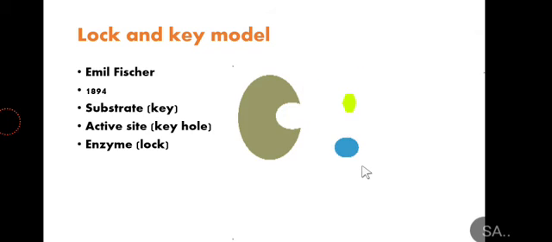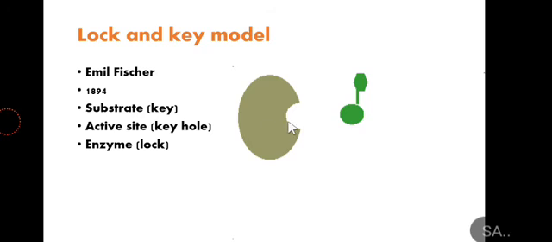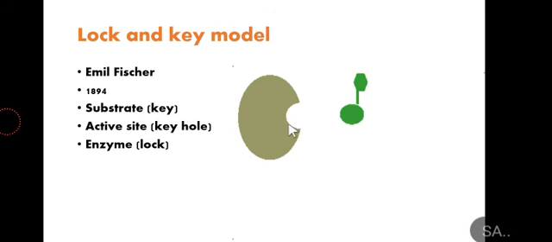Only the correct size and shape of the substrate, the key, would fit into the active site, the keyhole of the enzyme, which is acting as a lock. But there was a little drawback, because the lock and key model could not describe the flexibility of the active site.